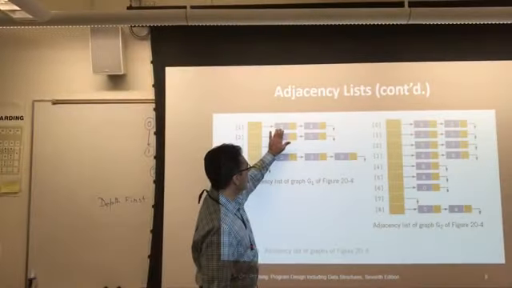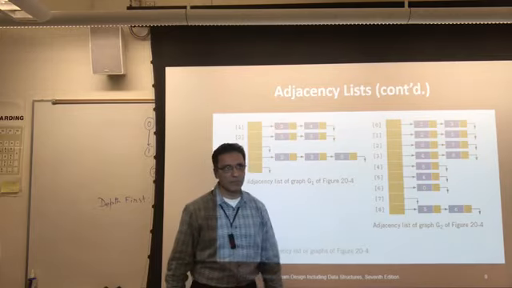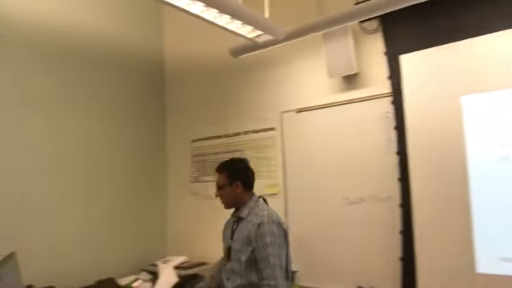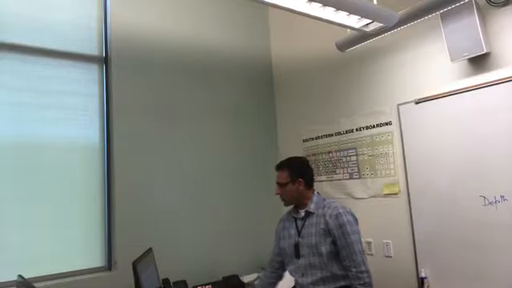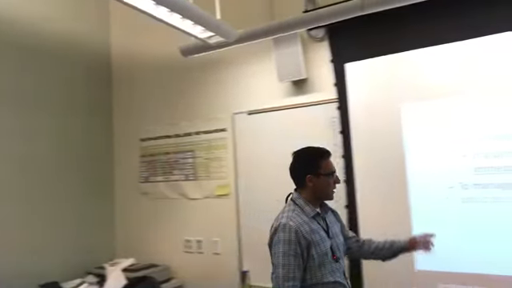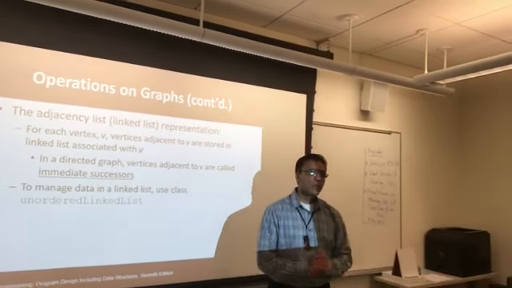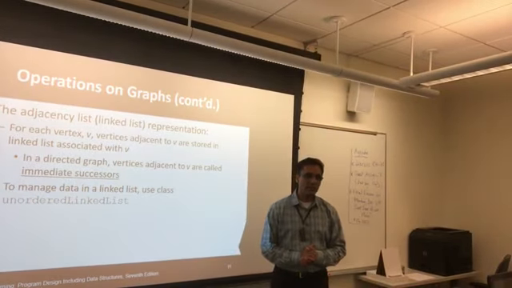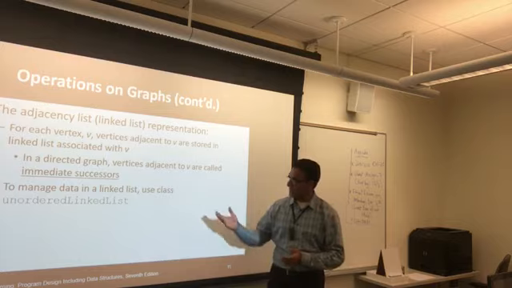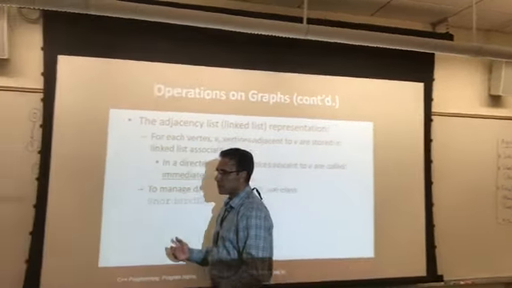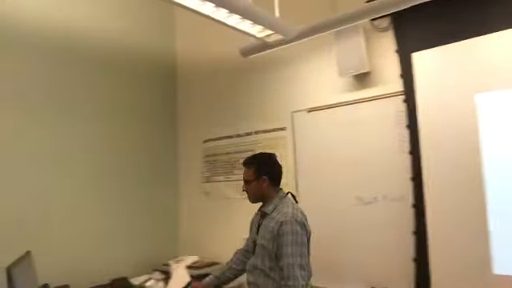So this is our vertex here, and this will be our immediate successor, the one it might be pointing towards. This is just a term. In our demo file, as well as for your homework, you'll be using an unordered linked list. You can use an ordered linked list as well, but that's what the chapter discusses in this case.